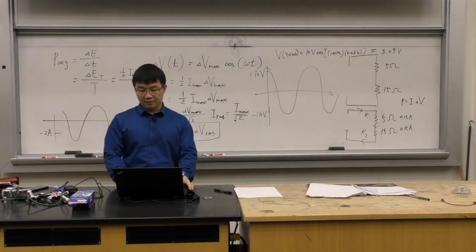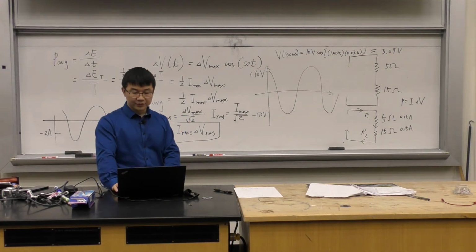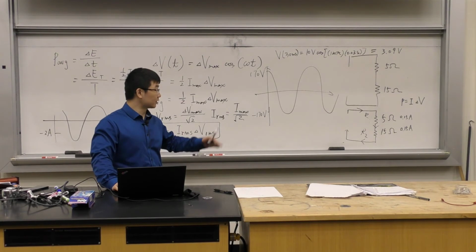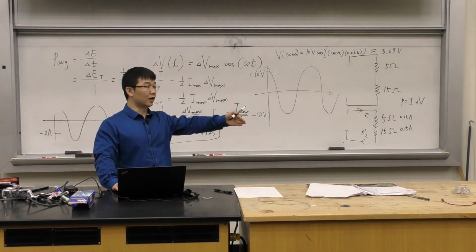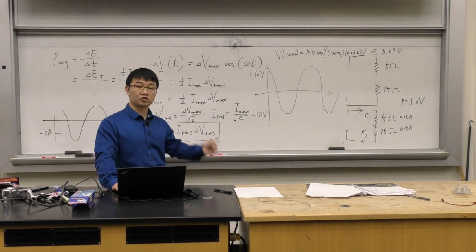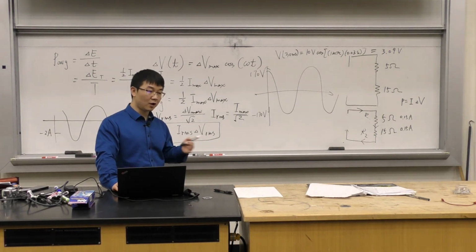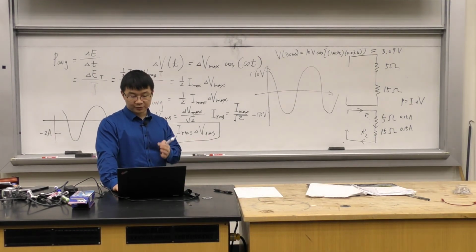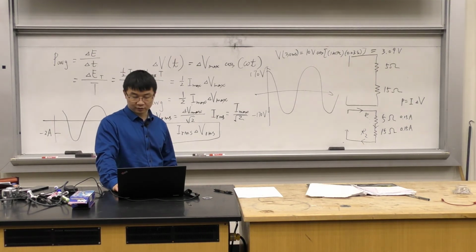Okay? And then that means the current you get from this wall outlet is also changing, right? But very rapidly, okay? You see that the period in this country for this AC current and voltage is 0.0167 seconds. The frequency is 60 hertz.